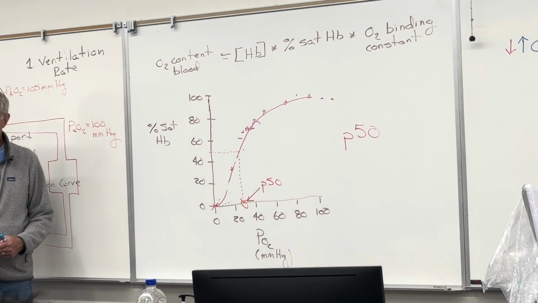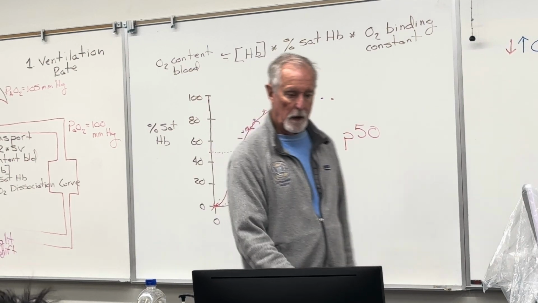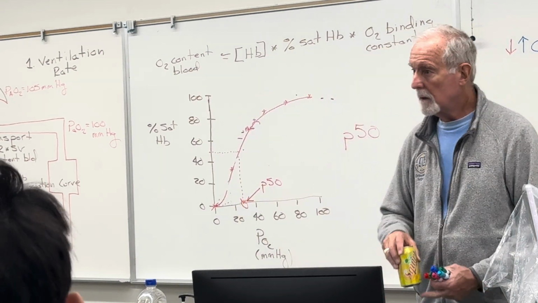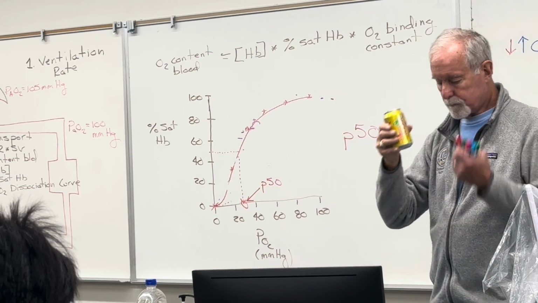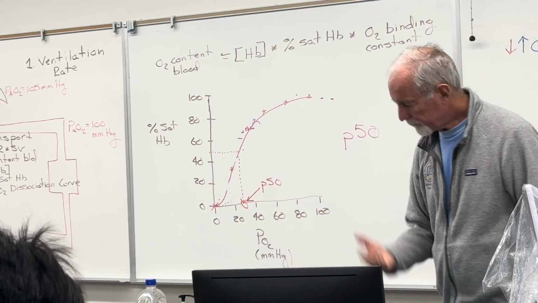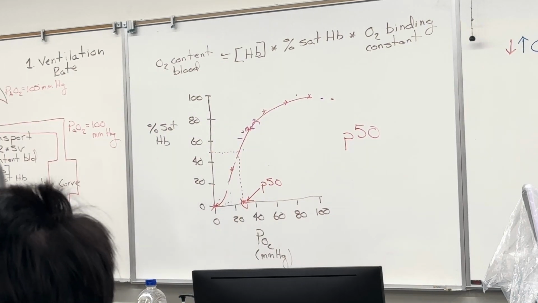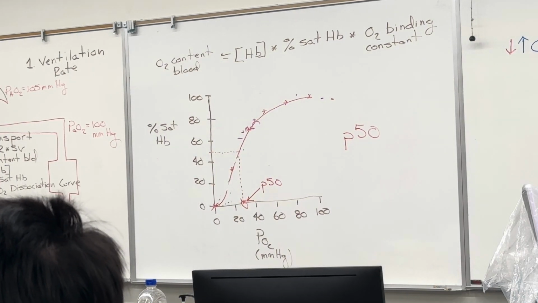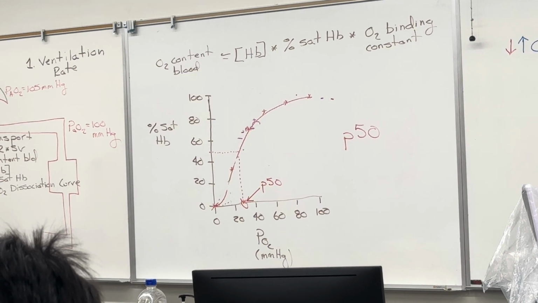And Mr. Cow, in this example, what would your guesstimate be of the P50? 30 millimeters of mercury. A reasonable guess. You said about 30. In reality, it's somewhere around 27-ish, but yes, totally agree.